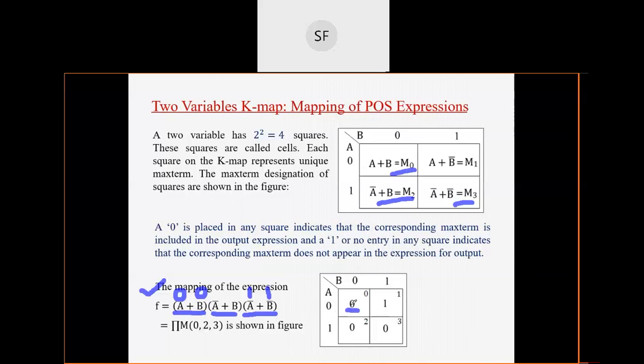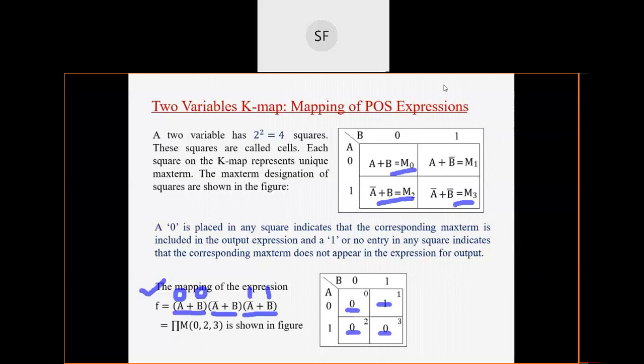So since m0 is present, we have written 0, m2 is present, we have written 0, m3 is present, we have written 0. m1 is not present, so either you can write 1 here, or you can simply keep it blank. आप blank भी रख सकते हैं या फिर आप 1 भी लिख सकते हैं वहां पे 1. Okay, so this is how the mapping is done in case of POS.